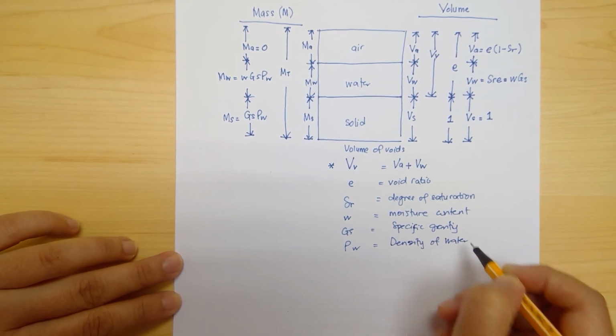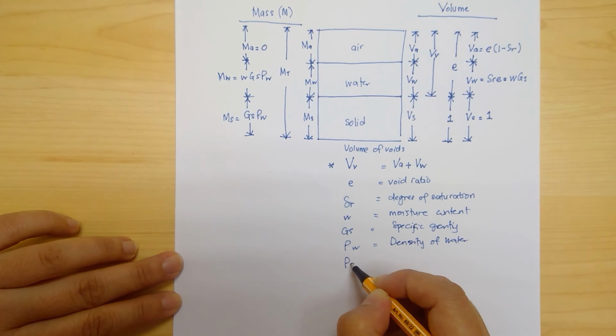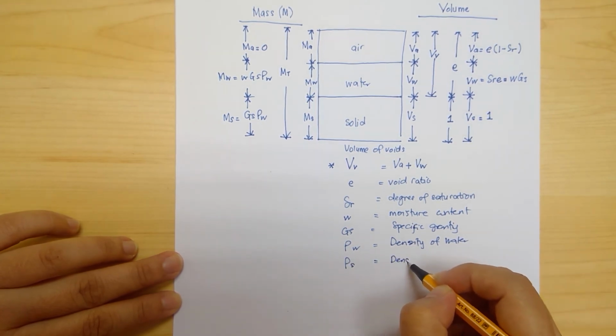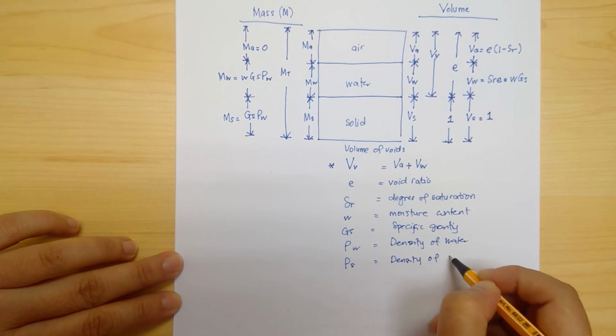Later on, you will also find rho s, which is the density of solid or density of soil.